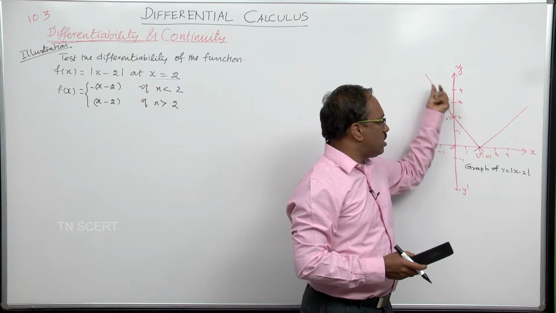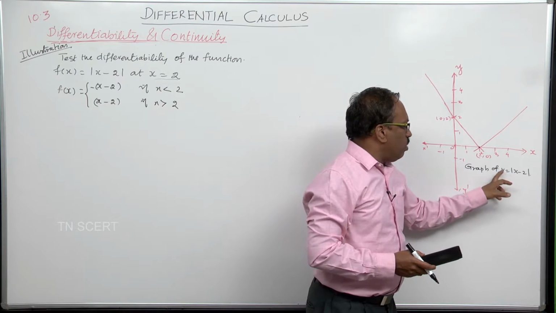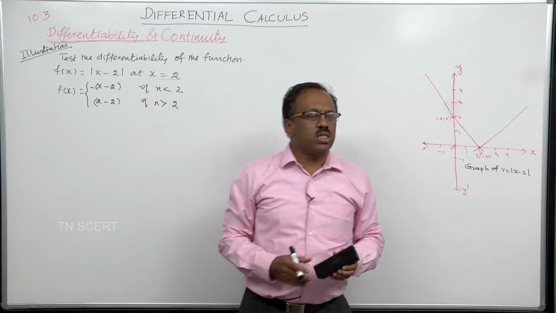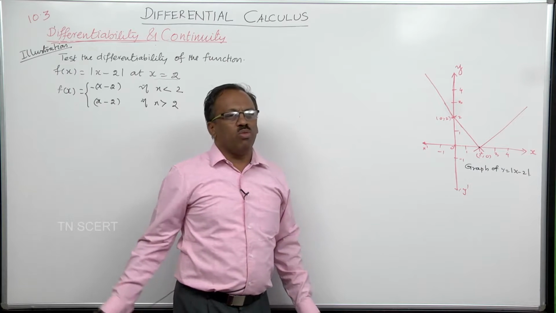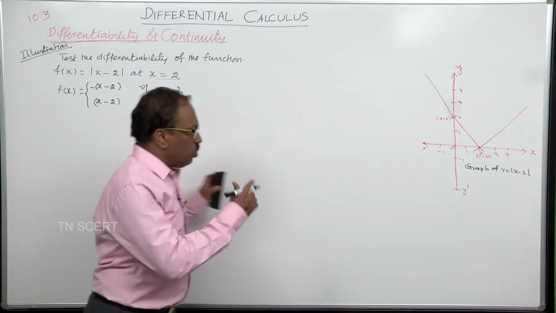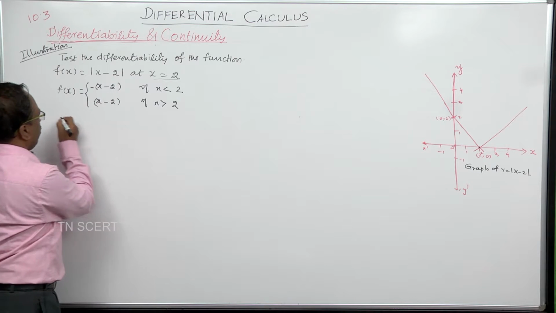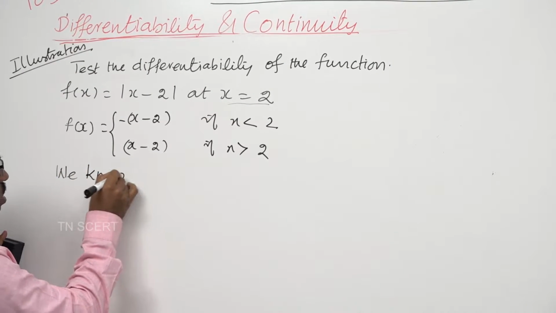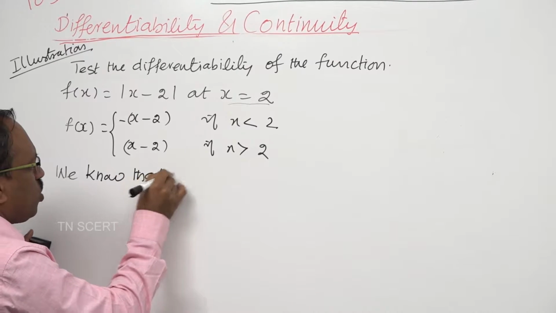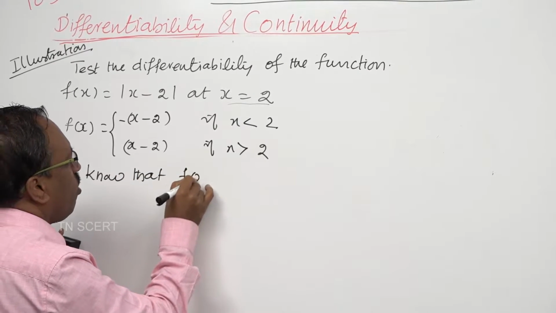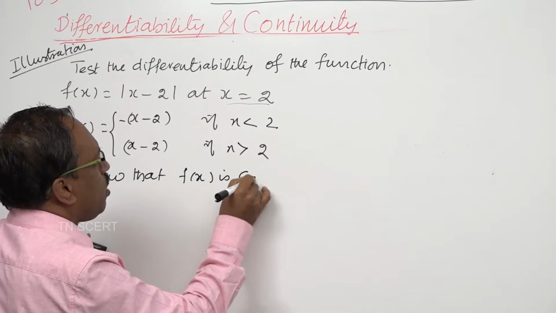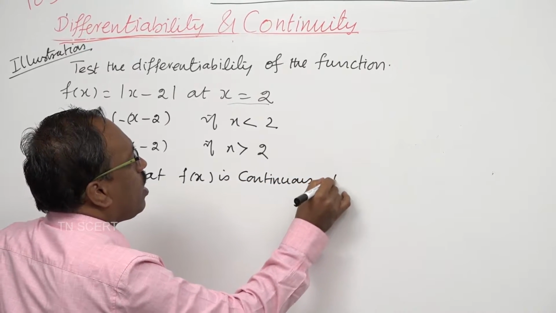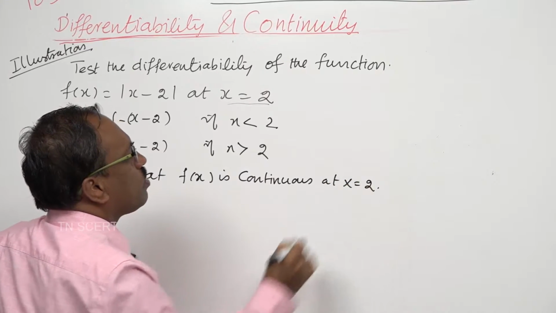When y is 0, x is equal to 2, so the line is like this way, that is modulus of x minus 2. So, we know that here the function f of x is continuous at x is equal to 2.